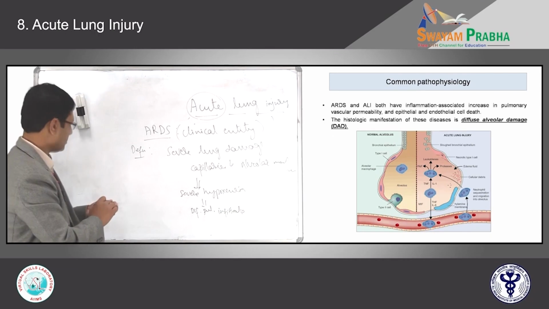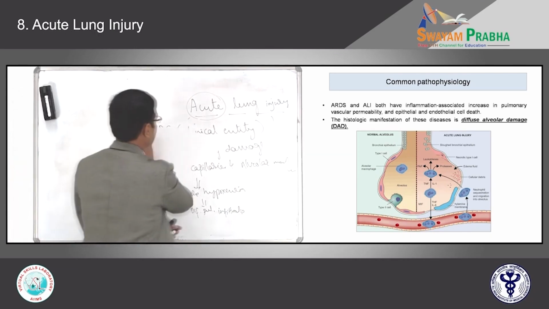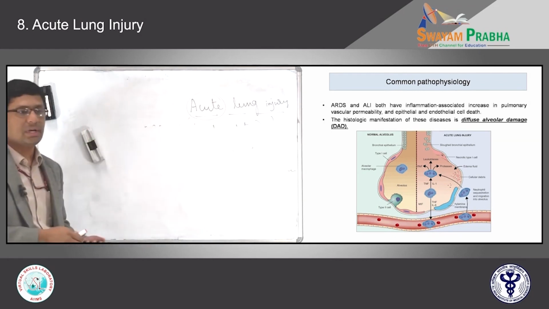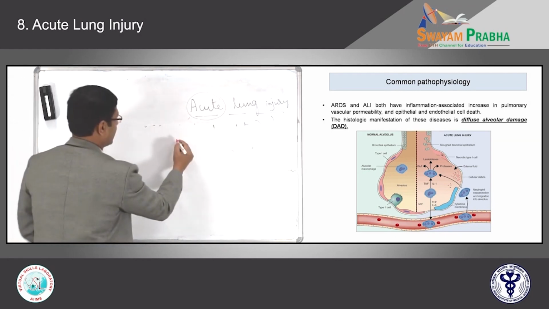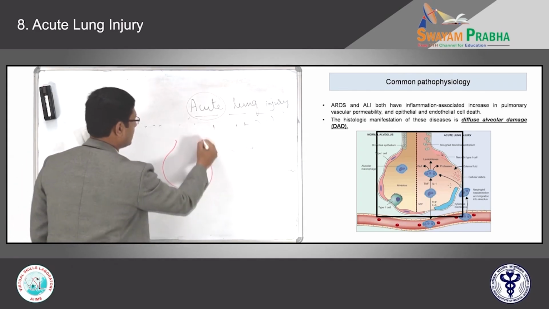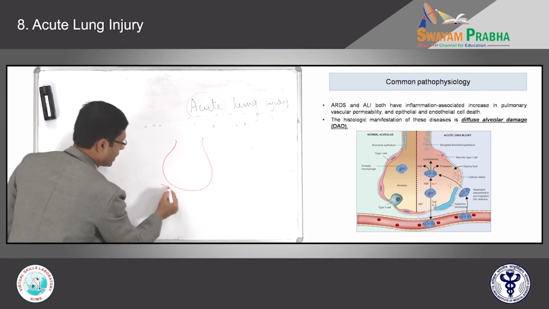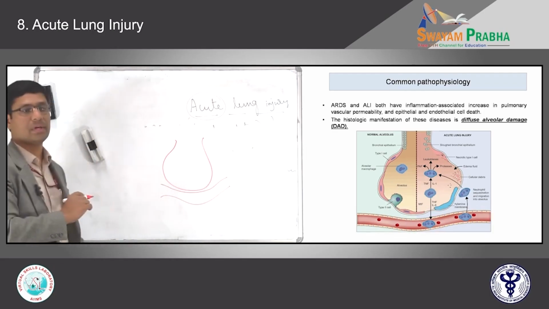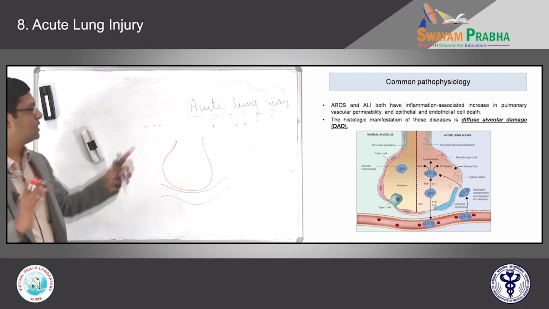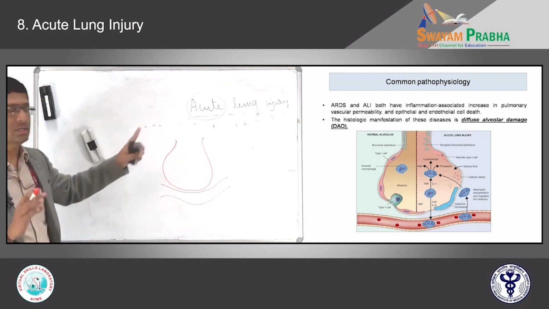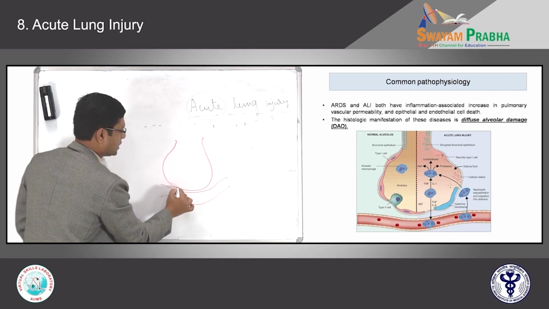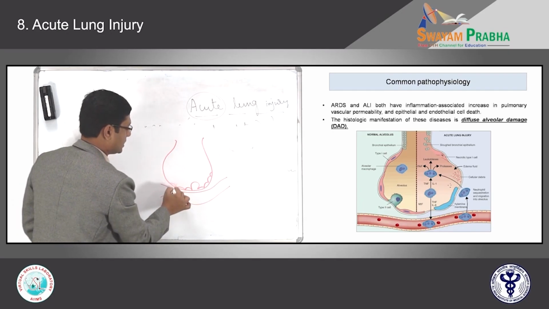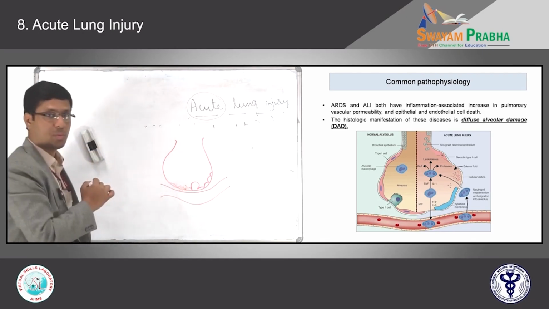So what is the pathology involved in this? I'll briefly show it in a schematic diagram. This is the alveoli, all of you know, and here you have a capillary in the interstitium. The main pathology in all the entities of acute lung injury is severe damage to the alveolar epithelium, one component.